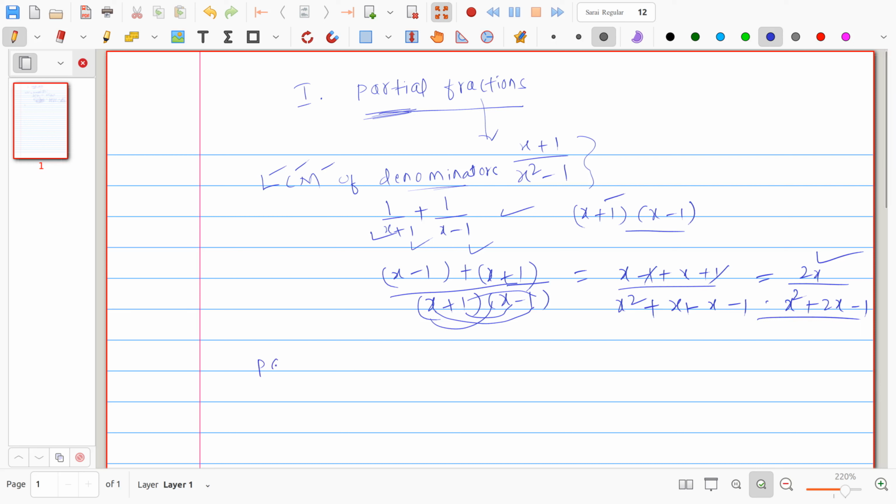What does partial fraction do? Partial fraction is the splitting up of a given fraction into a number of simpler fractions.